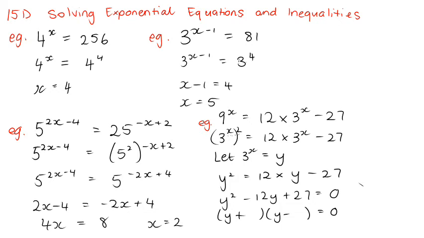So 2 factors of 27 that make negative 12. 9 and 3. They both have to be a minus. So y equals 9 and y equals 3.